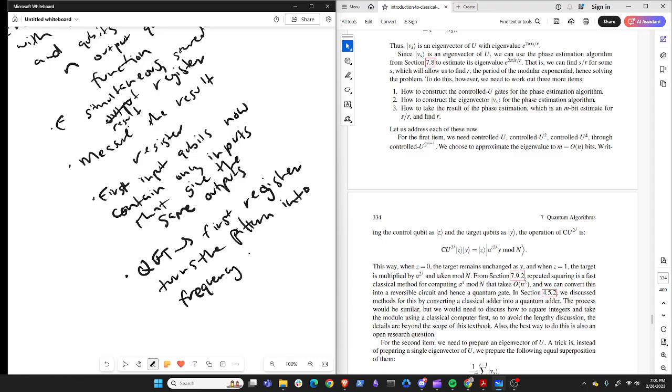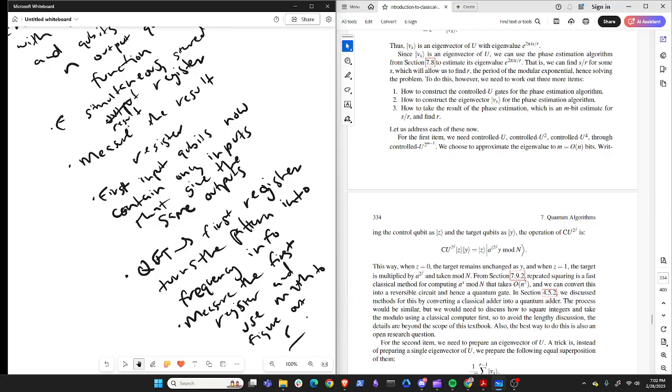And then it says measure the first register, and use math to figure out the period R.